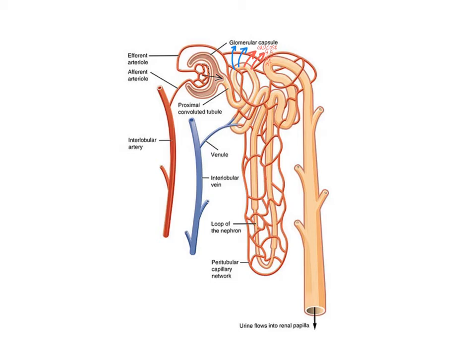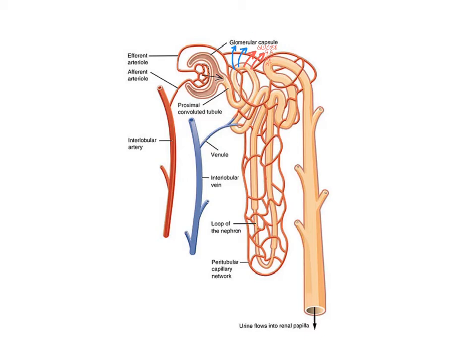Water's going to come out because of osmosis. Because you have this high concentration of stuff like sodium ions and potassium ions, you create this very hypertonic condition outside of the nephron.